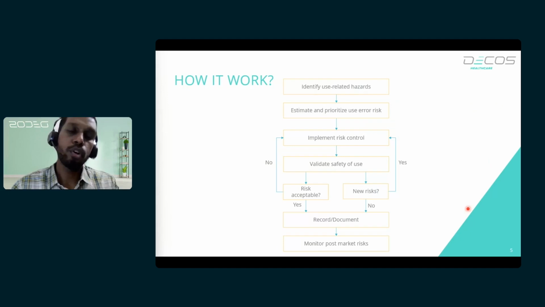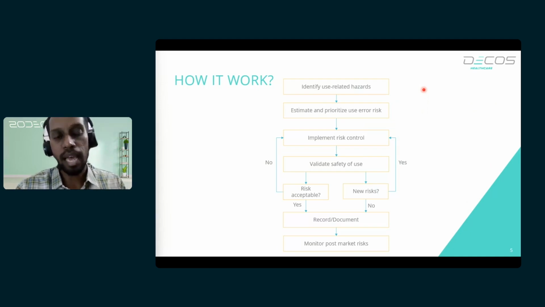So we'll go across how the entire flow would work. First, with regard to any medical device, we need to identify what the use related hazards are. Once we have identified the set of hazards related to this particular medical device, I need to estimate and prioritize these identified use errors. Some errors can have a very small impact and some can have a very high impact.